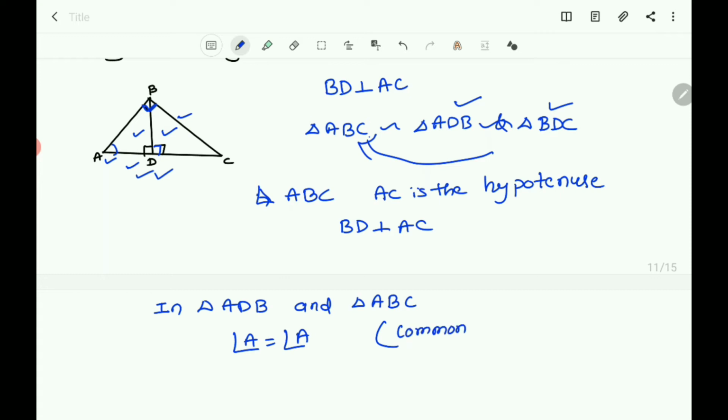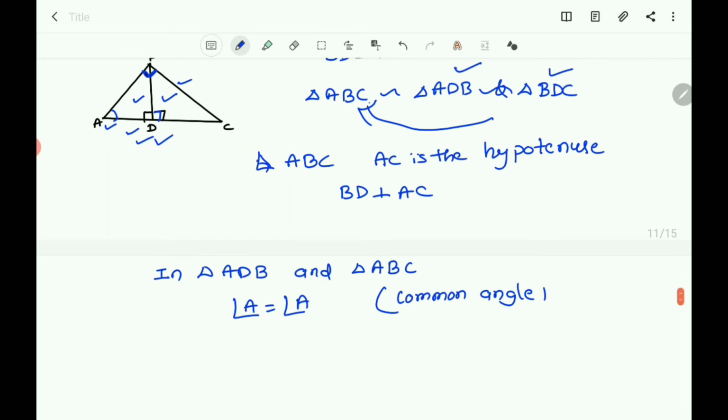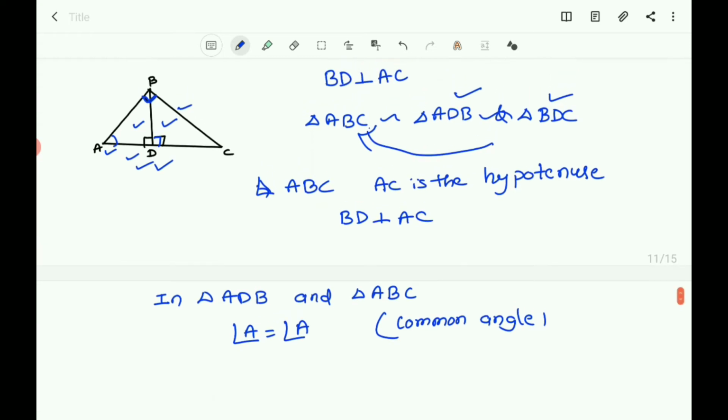Now here both the triangles have right angles. In the original triangle, angle ABC is 90 degrees, and in the newly formed triangle, angle ADB is 90 degrees because BD is drawn perpendicular to AC.